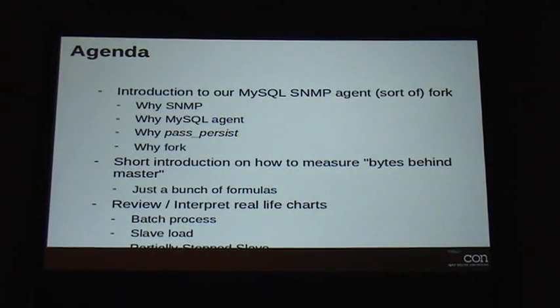So there was already, and it still exists, and it's actively developed, a MySQL SNMP agent. The problem is that it doesn't quite work with CentOS 5, and that's why we did a fork of sorts.